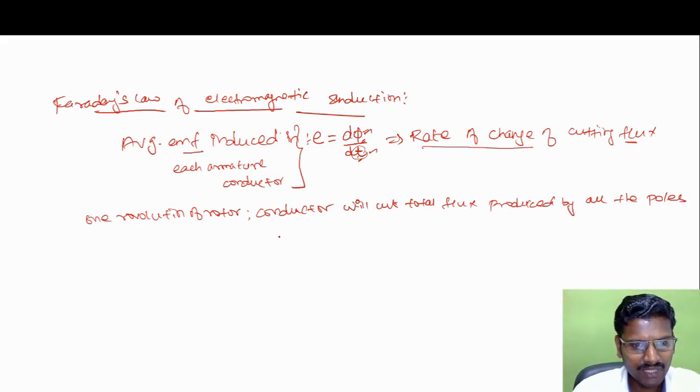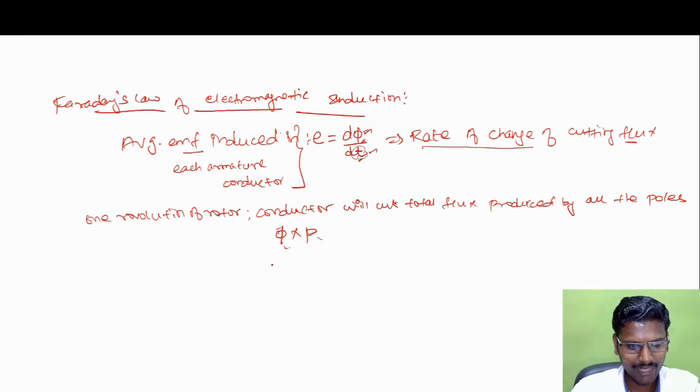So it can be represented as phi into P. If we increase the number of poles, then flux lines will be increased. If the number of poles P is equal to 2, then an equivalent amount of flux lines will be produced in the machine. If P is equal to 4, then there will be an equivalent amount of flux produced with respect to the number of poles, right? So if you increase the number of poles, the flux lines will also increase, right?